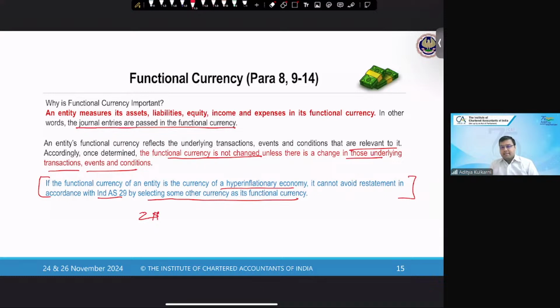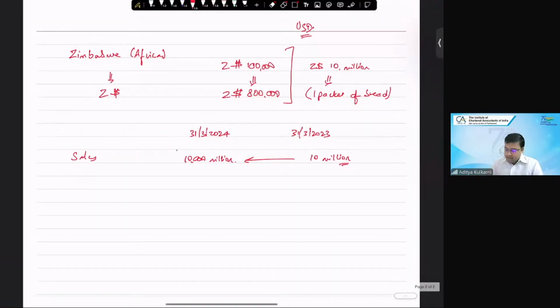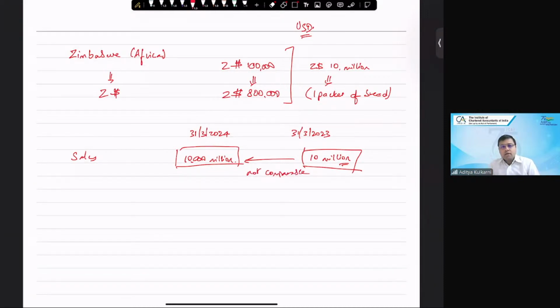These are not comparable. So what Ind AS 29 requires is a restatement of the previous period's figures, to bring them in line with the current period's inflation index.